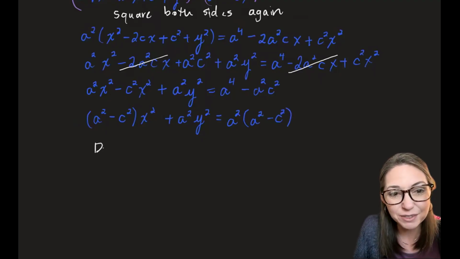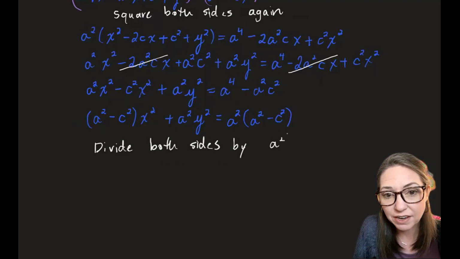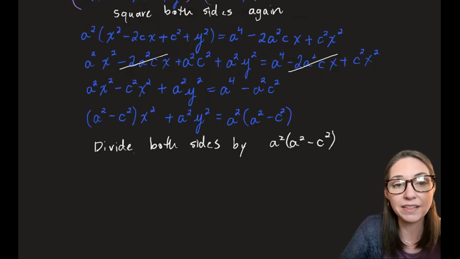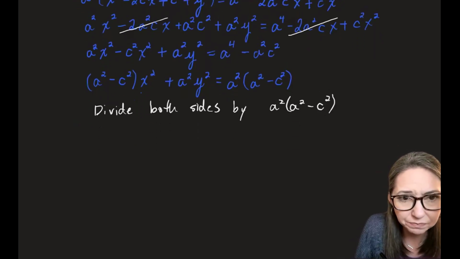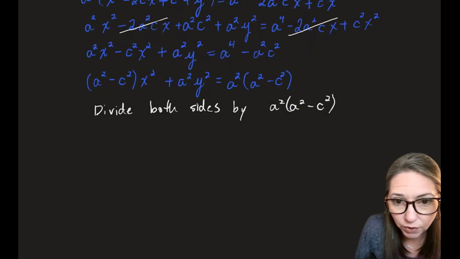So then what we're going to do is divide both sides by the a squared times a squared minus c squared. We divide both sides of this equation by that. So what we have right here is, let's see, the a squared minus c squared will cancel with that one.